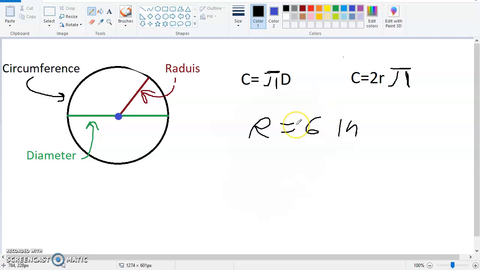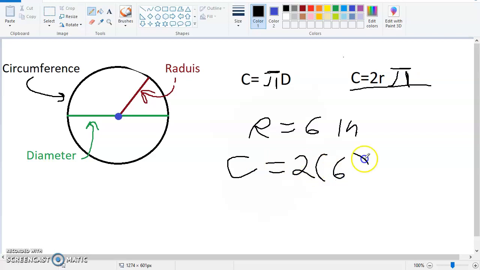It's a radius, so you would use the formula that includes radius instead of the one that includes diameter. So C equals 2 times 6 times pi, which we're going to say is 3.14.